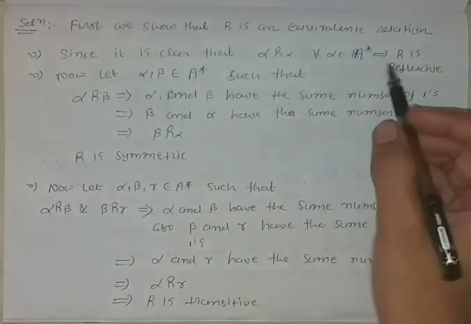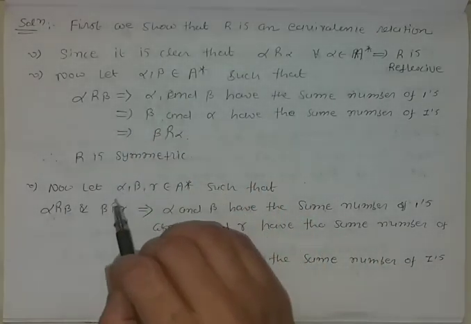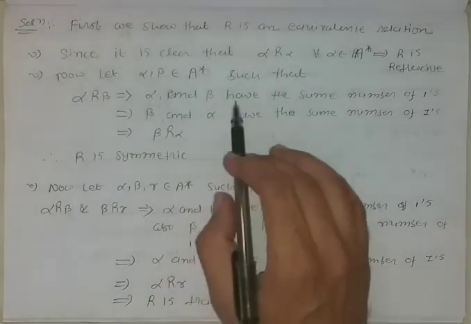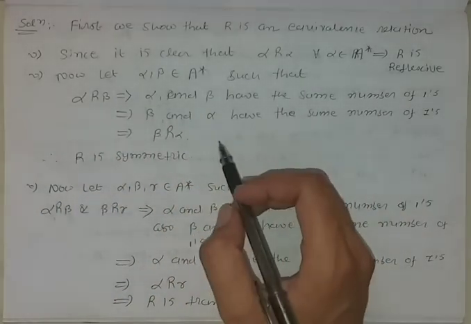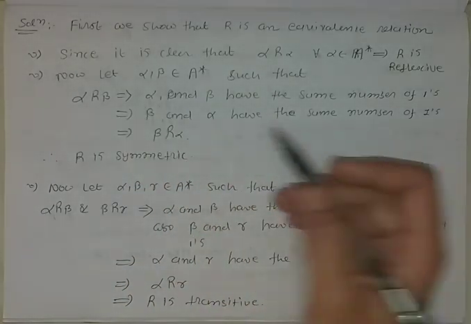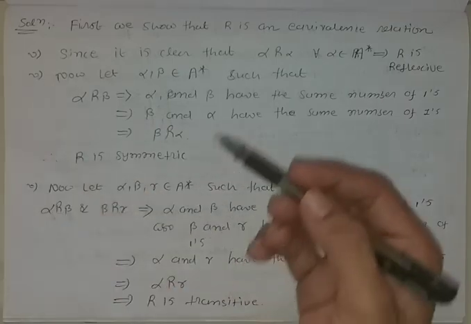Since the reflexive property is satisfied, now consider two elements alpha, beta belonging to A star. Now alpha related with beta implies that alpha and beta have the same number of ones. This implies that beta and alpha have the same number of ones. So beta is related with alpha. This is a simple explanation.